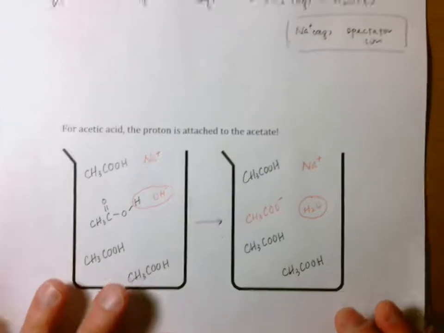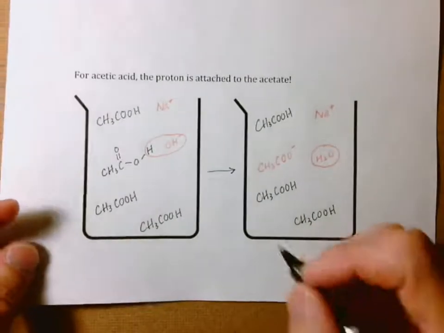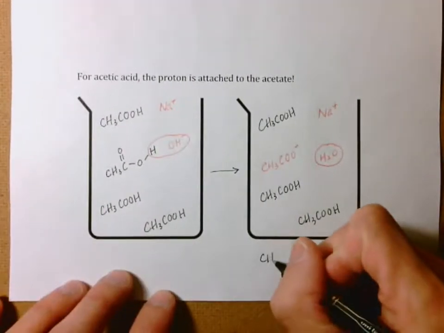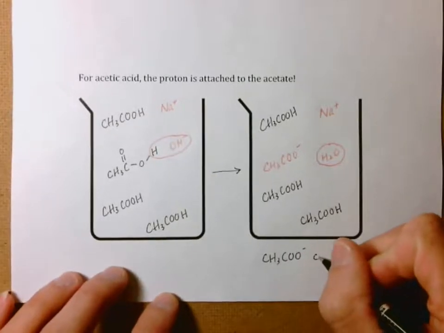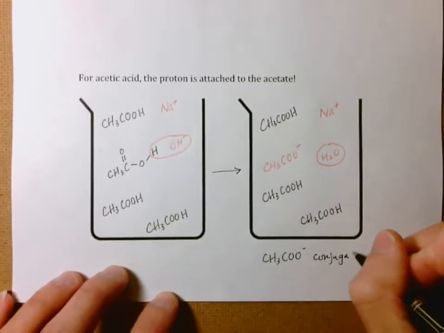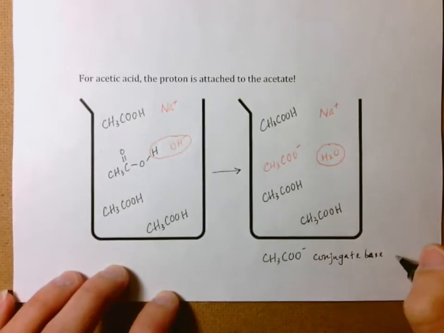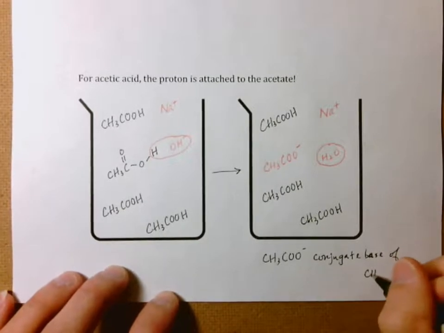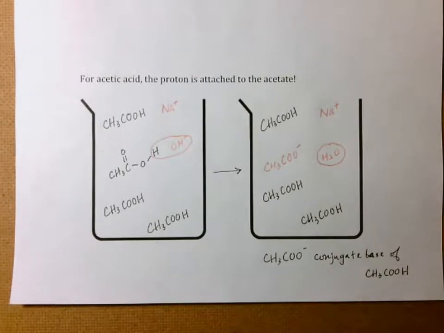Well, the acetate, if you heard of this term, in this case, CH3COO minus is the conjugate base. It's a base, but it's a weak base, the conjugate base of acetic acid. Okay, it's a weaker base than hydroxide. That's why the reaction favors the right hand side here.